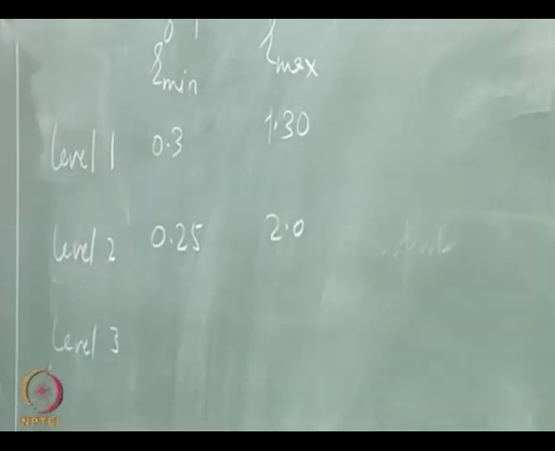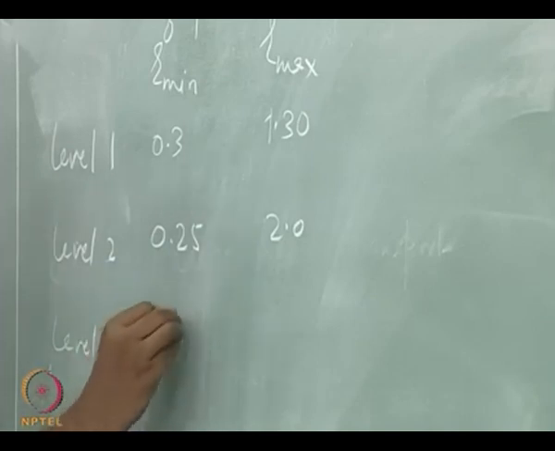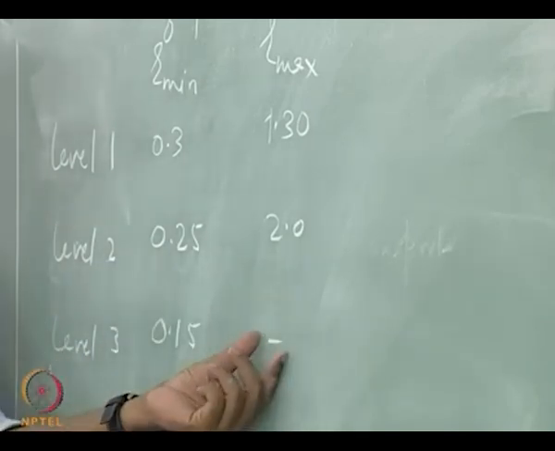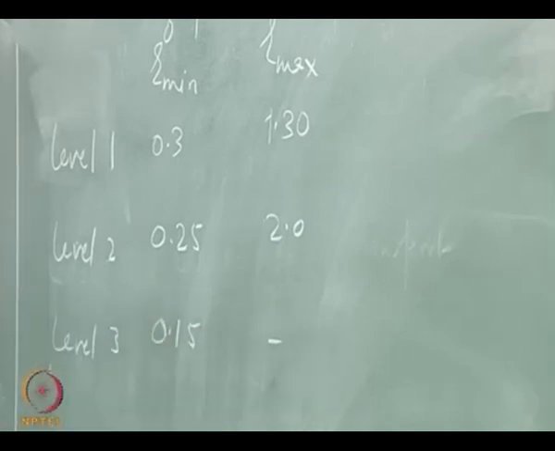So you will find these numbers same in all the textbooks, they are not going to be different. What this means is it's not given, okay, for this level.